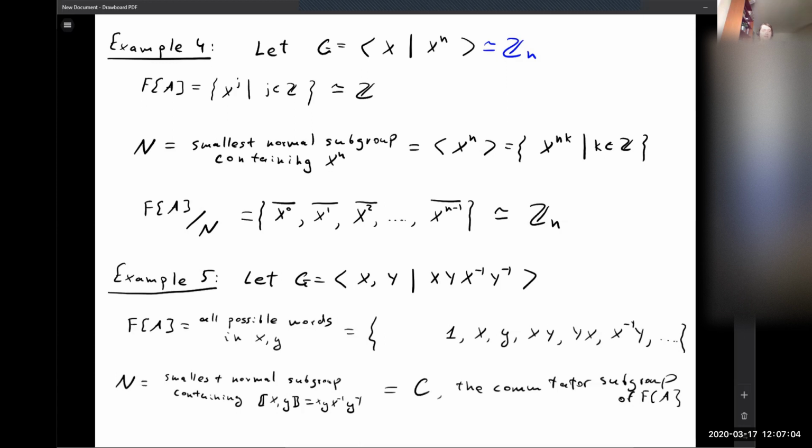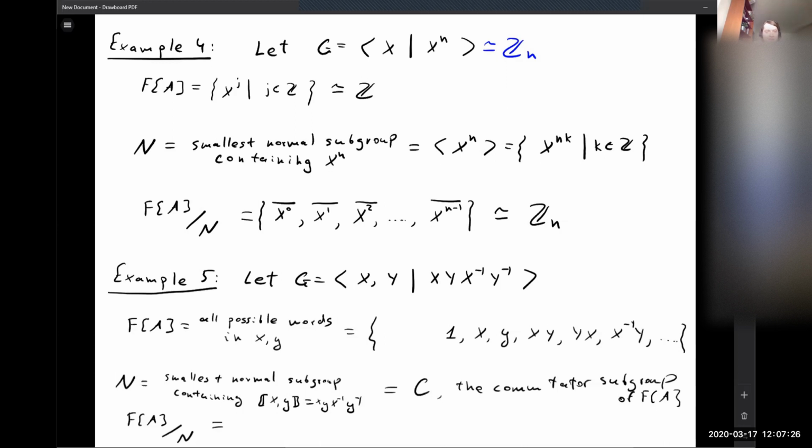Okay, so what do we get as F of A quotient by N? What are the cosets of the commutator subgroup?